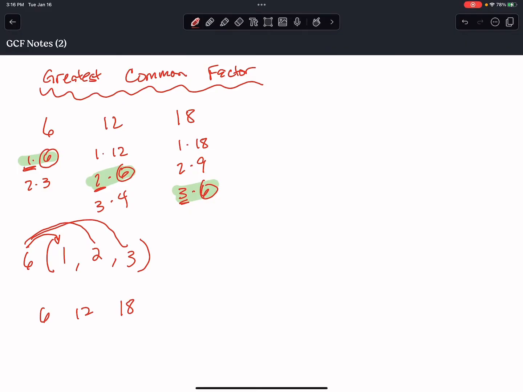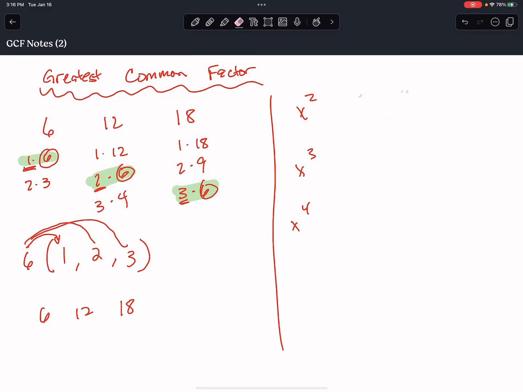Okay? What happens if, let's say, I had some variables? What's the greatest common factor? So you haven't done this yet. What is the greatest common factor of x squared, x cubed, and x to the 4th?